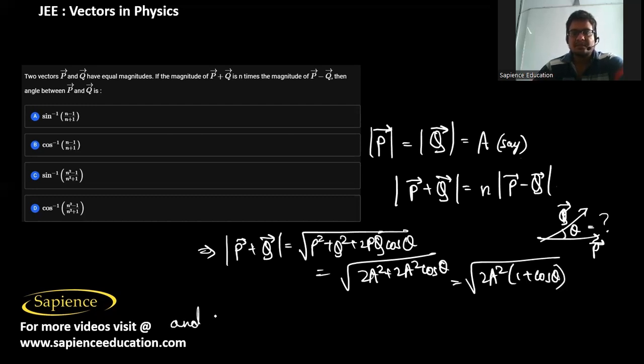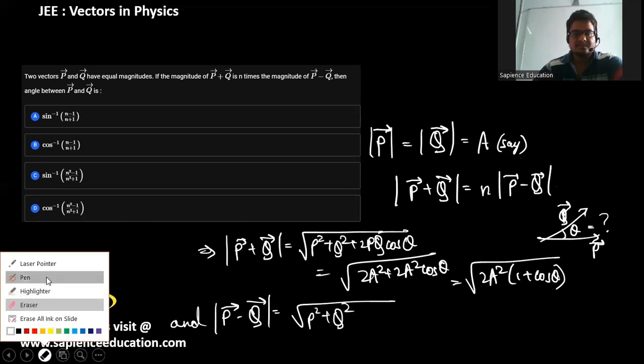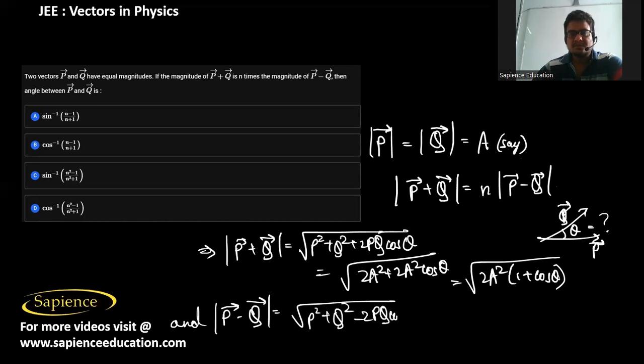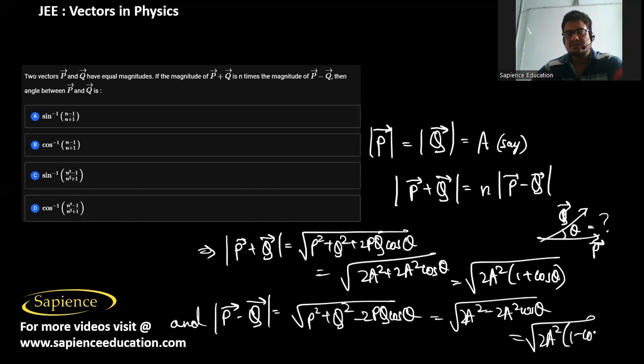And similarly, the magnitude of P minus Q will be equal to the square root of P square plus Q square minus 2PQ cos theta. So this will be the square root of A square plus A square, that is 2A square, minus 2A square cos theta, equal to the square root of 2A square into 1 minus cos theta.